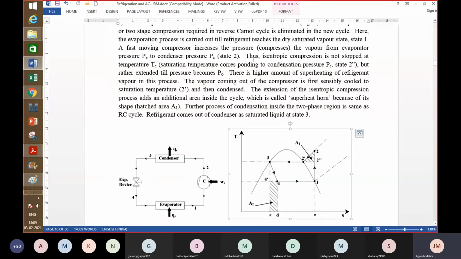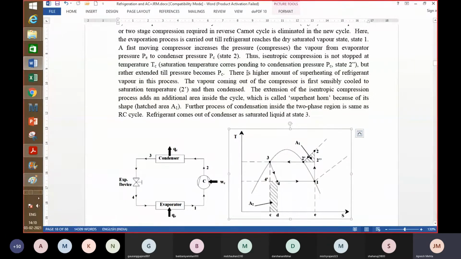Thus, isentropic compression is not stopped at temperature Tc, but rather extended till the pressure becomes Pc. There is a higher amount of superheating of the refrigerant vapor in this process, right? So this 2 double dash is also superheated, but you are not stopping at that point, going further, so that increases the superheating further, right? The temperature is increasing, as you can see from the vertical axis.